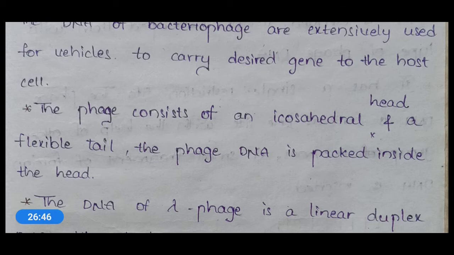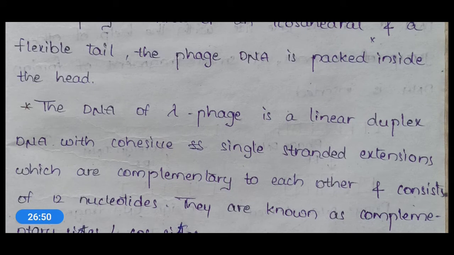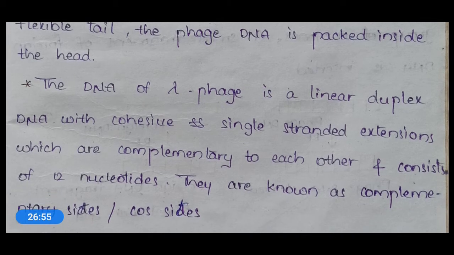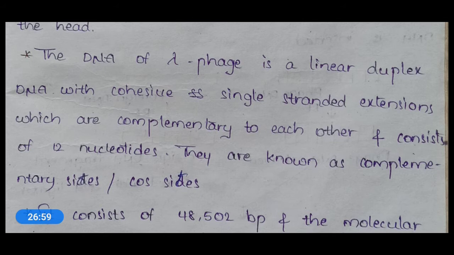So here, if you see the lambda phage, lambda phages are again one kind of bacteriophages. If you see the DNA of lambda phage, it is a linear duplex DNA with cohesive single stranded extensions which are complementary to each other and consist of 12 nucleotides, and these are called complementary sites or cos sites.